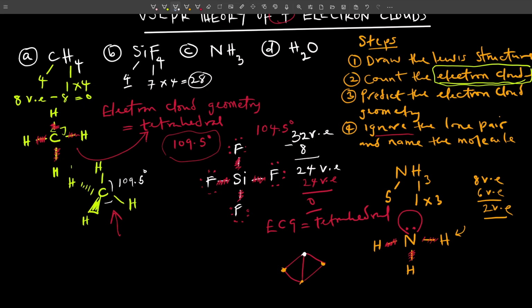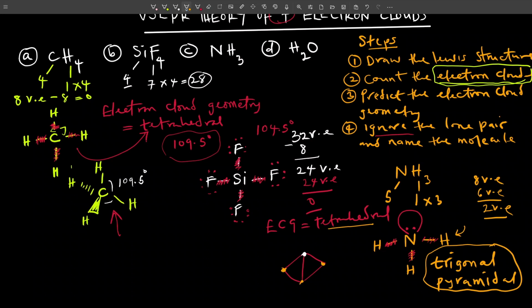So this forms a kind of pyramid. So we say it is trigonal pyramidal. So this is the shape of ammonia, while this over here is the electron cloud geometry of ammonia.